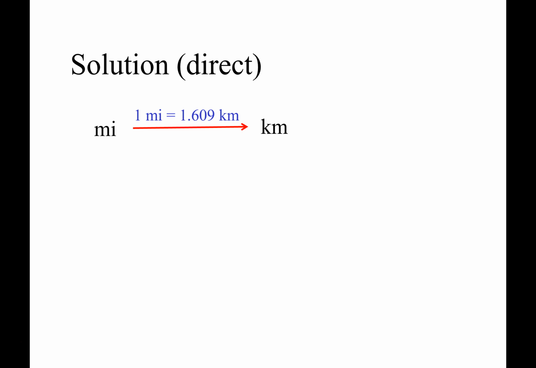Cool. So what's my first term going to be? 120 miles, three sig figs, over 1 usually. Okay, so I have units of miles. I want them to cancel, so how can I use this equivalency statement to my advantage?